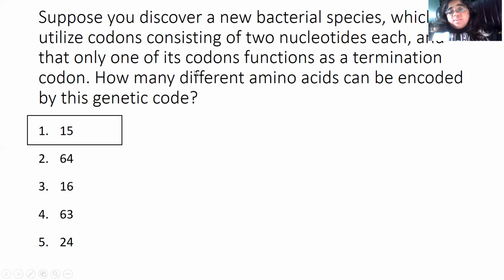So you end up with 15 because you have 16 codons in total, so 15 codons and a stop codon.